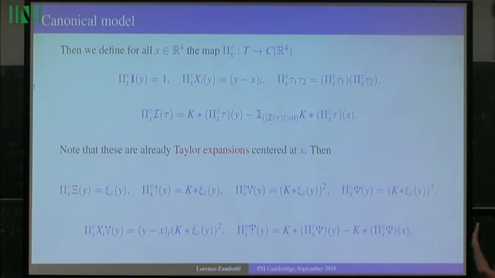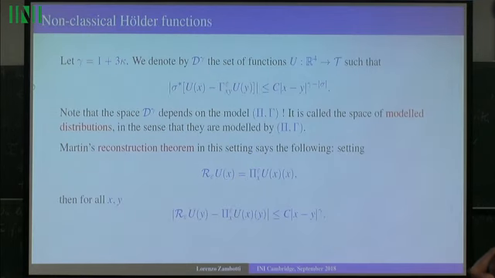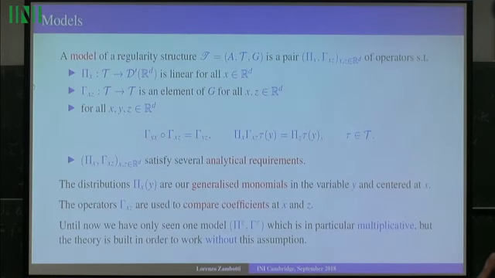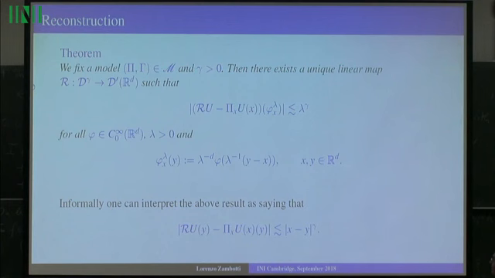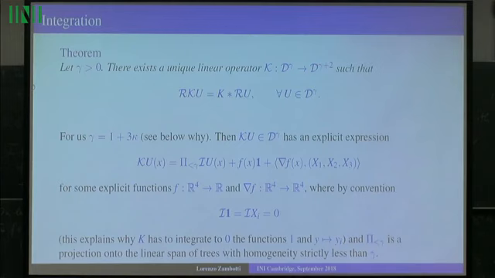But today I still want to do other computations. This we discussed; again, reconstruction is really the crucial result. Now I repeat also the integration theorem, in particular what I need. So let gamma be positive.